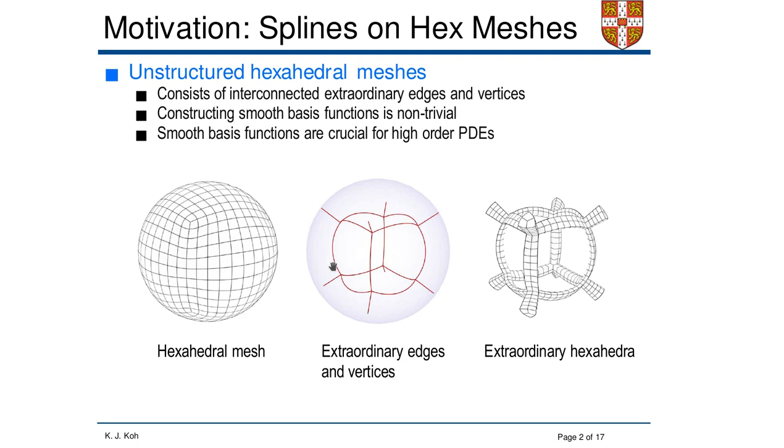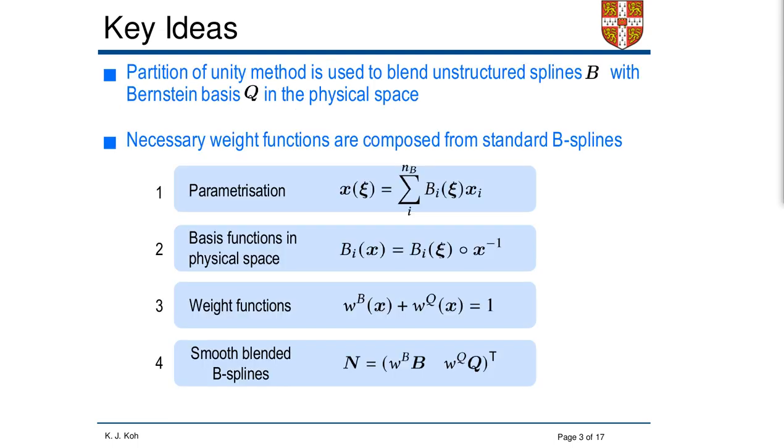Yet, we all know that smooth basis functions are important for discretizing higher order partial differential equations, for example, thin shells and phase field models. Here are the key ideas of our work. We use the partition of unity method to blend two sets of basis functions.